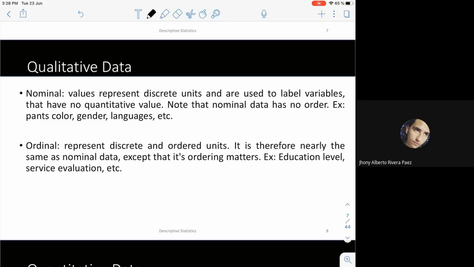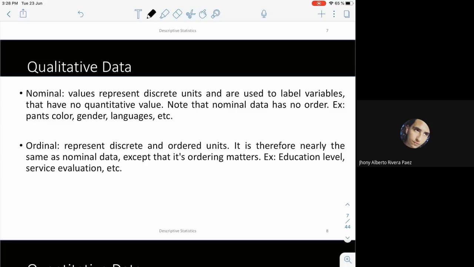For example, if I ask you which languages you speak, and you speak Spanish, English, French, or Chinese, it doesn't matter. That attribute of the languages that you speak, you cannot sort them from the highest value to the lowest value. It doesn't make sense. Same thing with color or gender. In that case, the variable doesn't make sense in order.